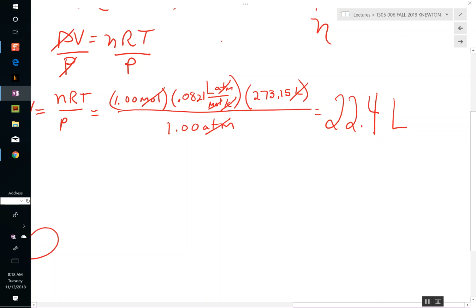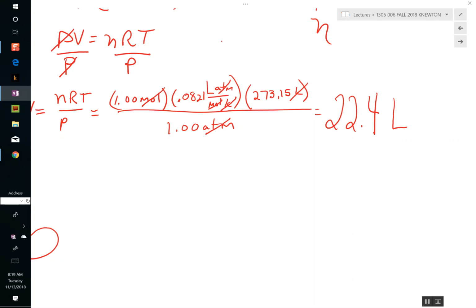Sometimes I need to write on the board because this stuff is kind of neat to see all at the same time. So we've got this thing right here that volume is 22.4 liters. Our problem here is calculate the volume of an ideal gas at STP. That is the volume of an ideal gas at STP.